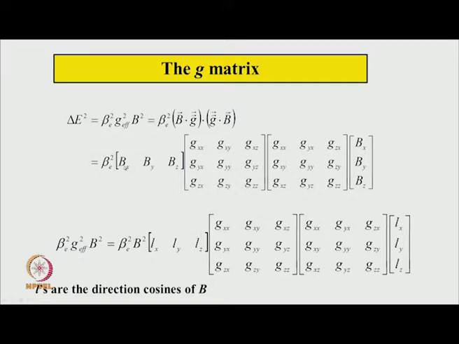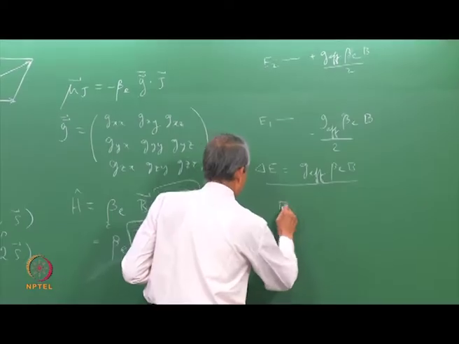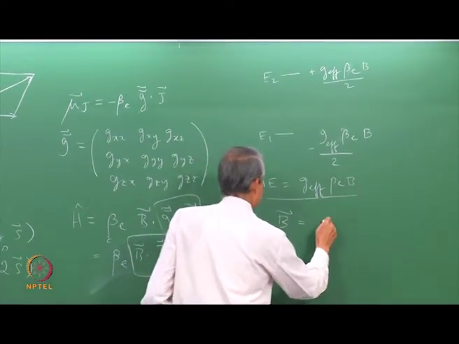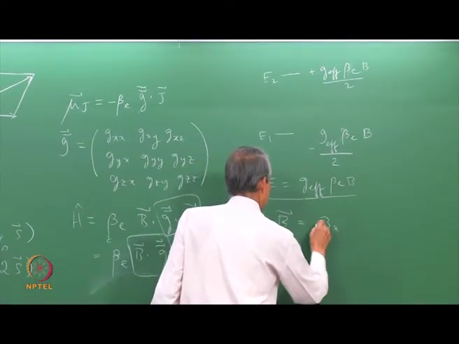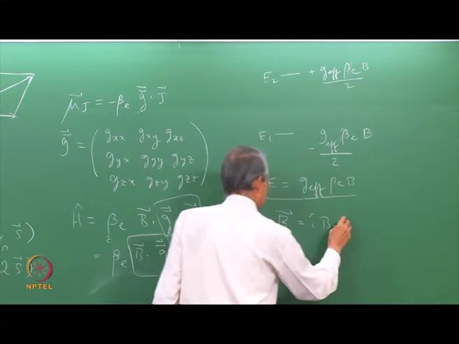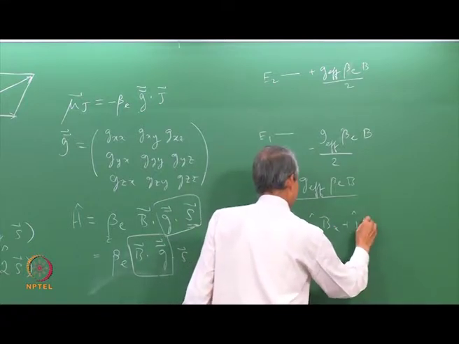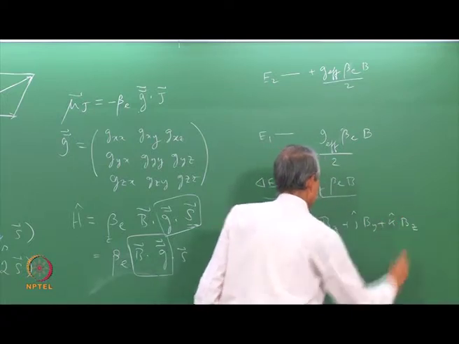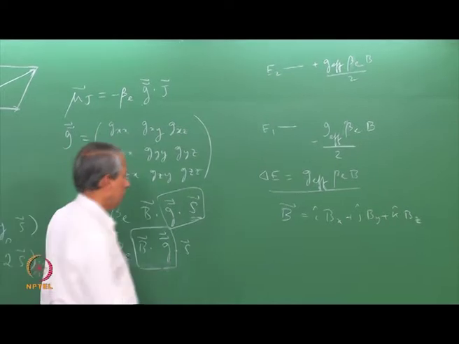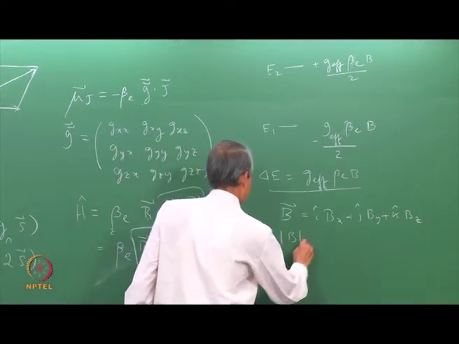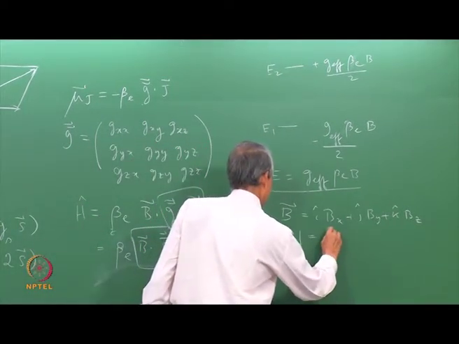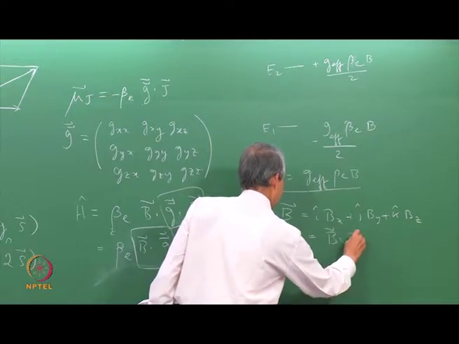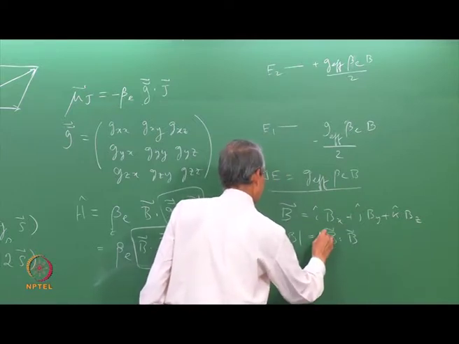Here the Bx, By, Bz are the three components of the magnetic field, and the magnitude of this is given by this.